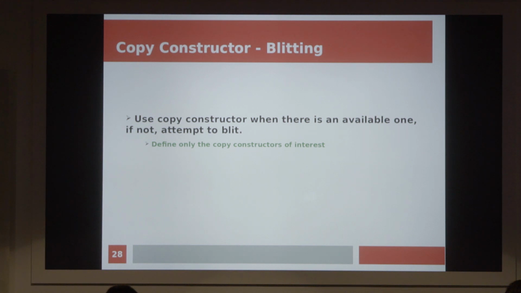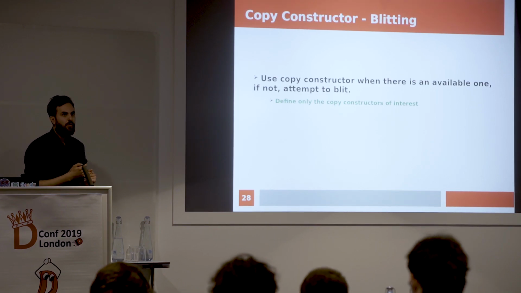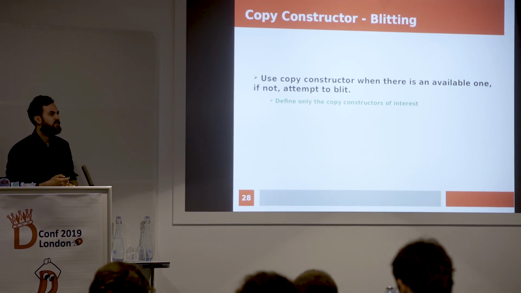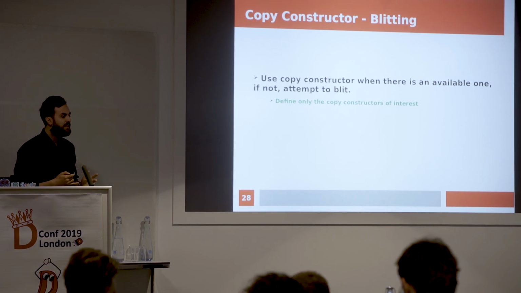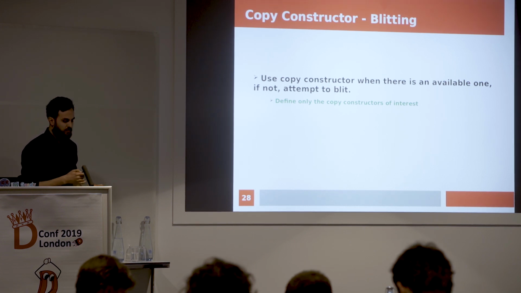This has the advantage that if you have, let's say, an object where you're content with the implicit blitting, but you want to be able to define more curious cases where you want, for example, to construct a shared object from an immutable one, or a const inout, whatever, to a shared something, then you can just define the only copy constructor that interests you.